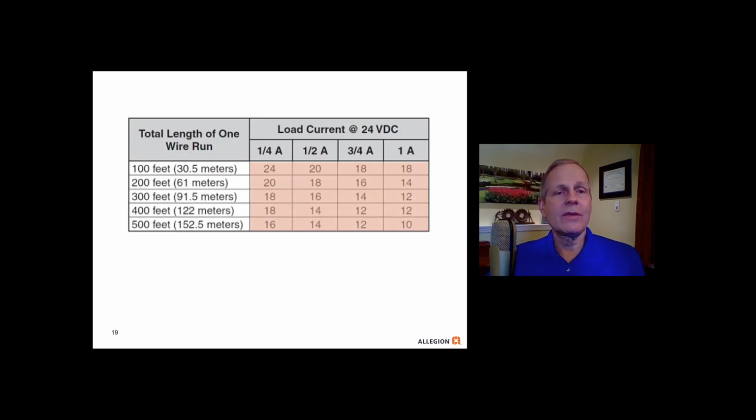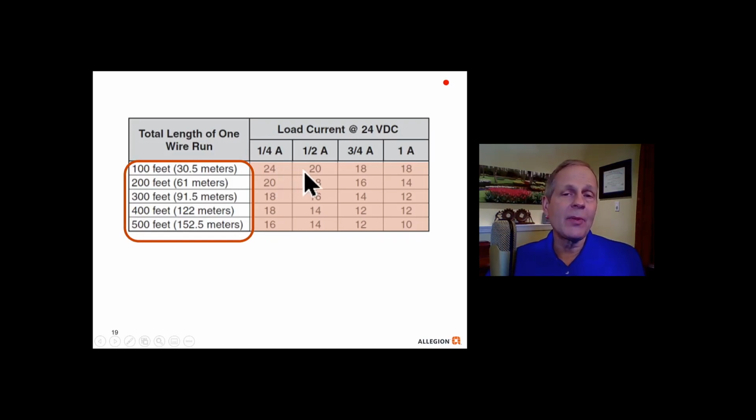All right, so let's take a look. We've got this particular chart here. Look at the top. It says the voltage is 24 volts DC. On the left-hand side, we have the number of feet in the wire run, the distance between the devices. The tops of the columns indicate different currents: quarter amp, half amp, 3/4, and 1 amp. So depending on the amperage and the distance, it will determine what gauge wire you're going to use.